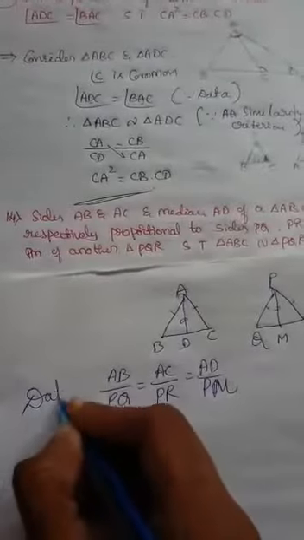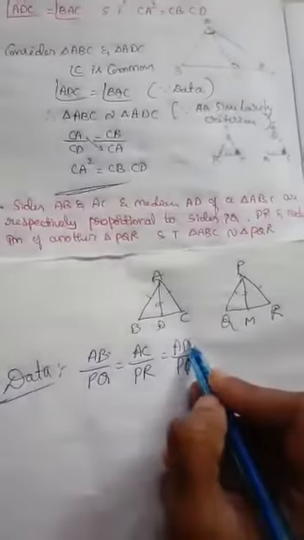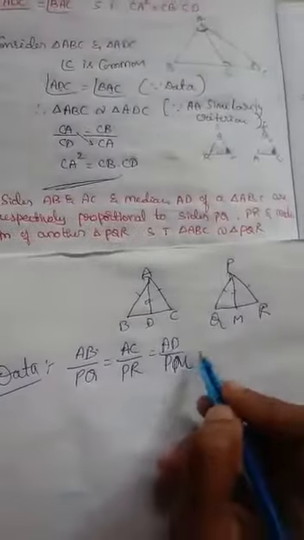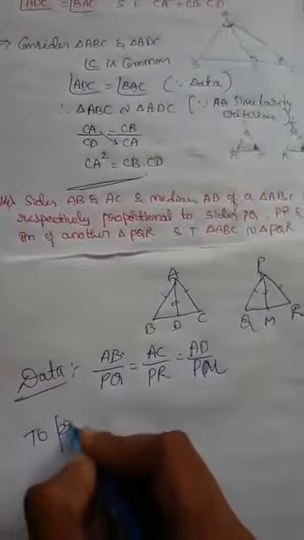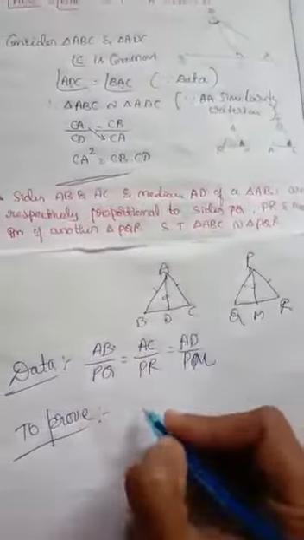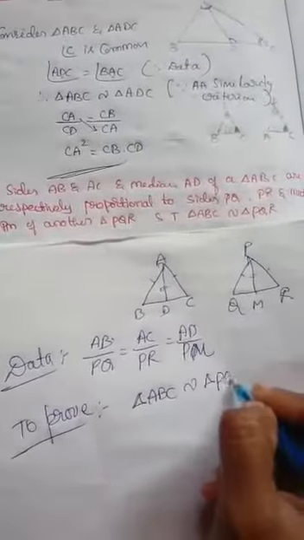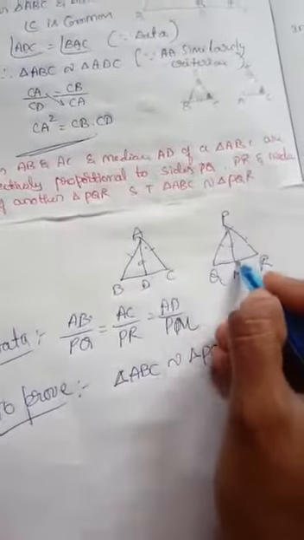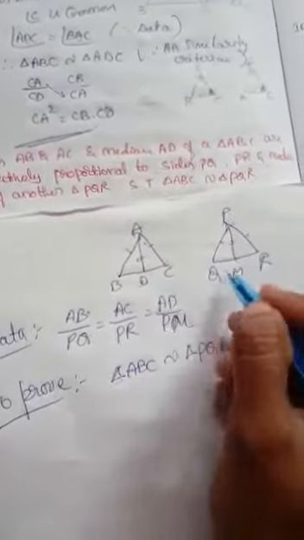This is the data. In triangle ABC, AB, AC and AD are proportional to PQ, PR and PM of triangle PQR. Then we have to prove that triangle ABC is similar to triangle PQR. In the data, AD is the median and PM is the median, means D and M are the midpoints of BC and QR.